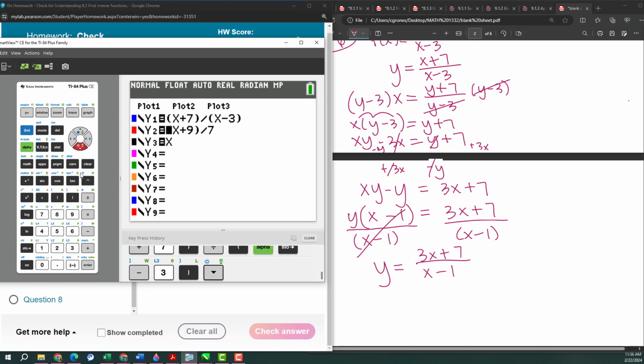My inverse is going to be, I have parentheses, so I have (3x plus 7) divided by (x minus 1).